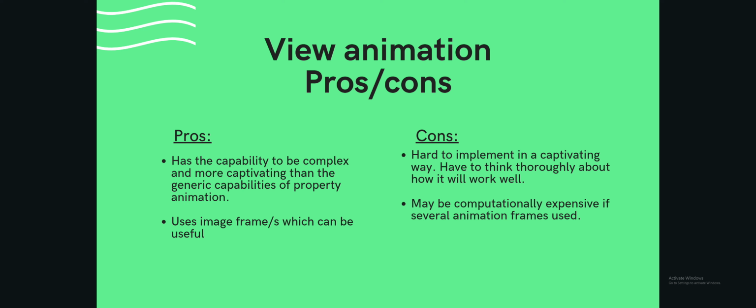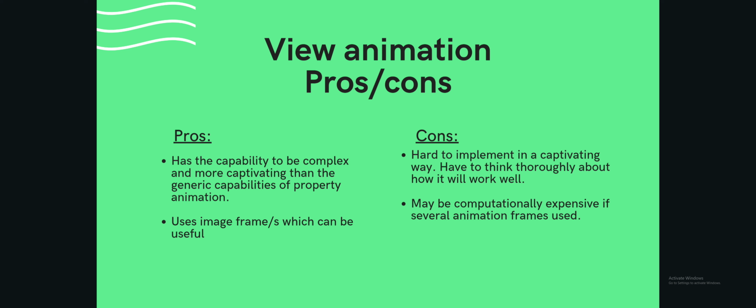Unlike property animations, view animations can create a deeper and more complex animation that is quite good to have a good connection with the user and keep them involved and captivated, should I say. This captivation normally comes from the animation image frames that are implemented into it.